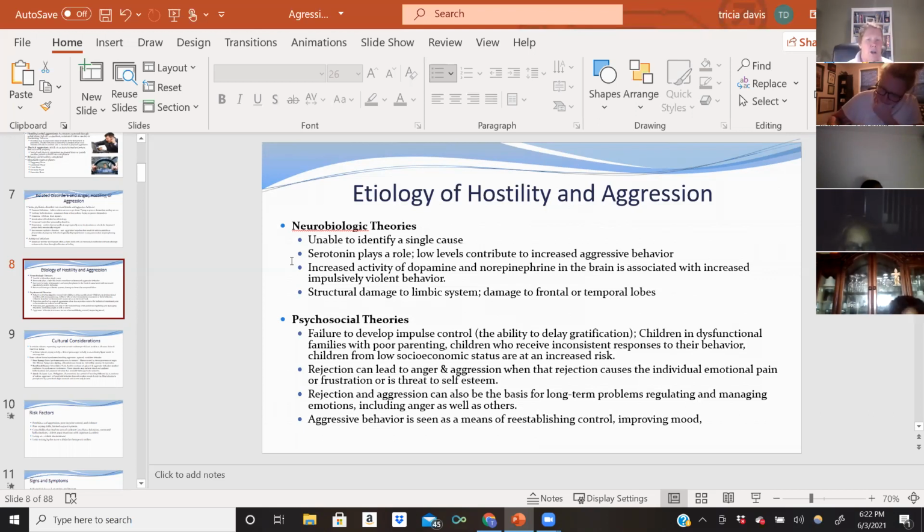So there are also psychosocial theories to look at. Some believe that the failure to develop impulse control is the inability to delay gratification. Some kids are very good with, when they get an allowance, they can wait to buy something.